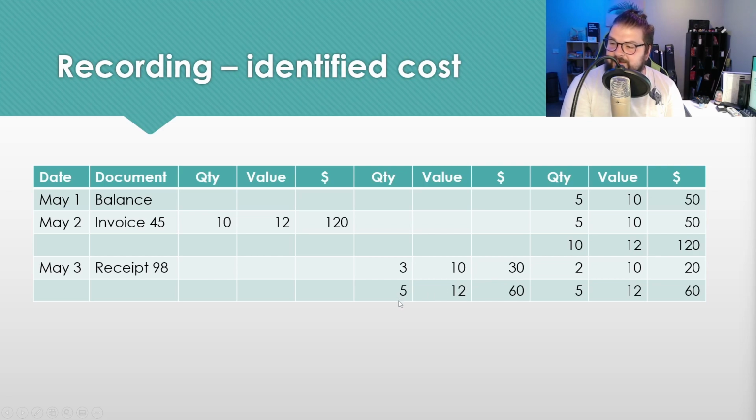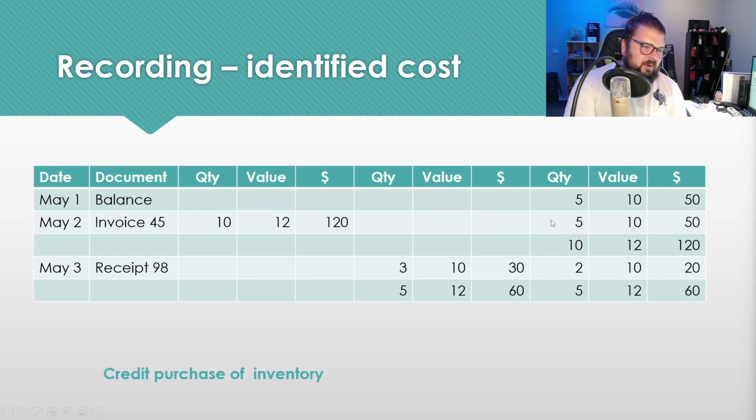And we're also losing 5 pieces of inventory, valued at $12 each, which cost us in total $60. So we can tell through identified cost exactly how many units of our $10 inventory and our $12 inventory we're losing. And we can add up to see exactly how much this sale has cost us. We can see that it's cost us $90 in inventory.